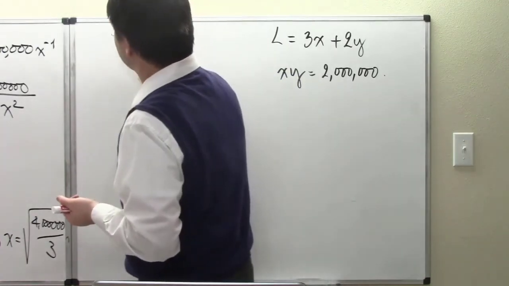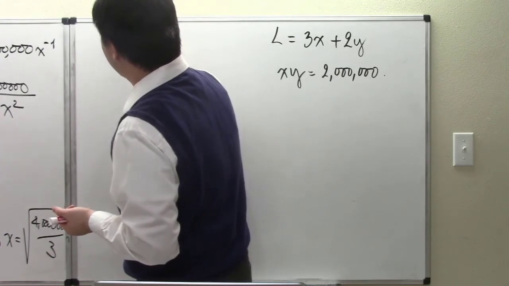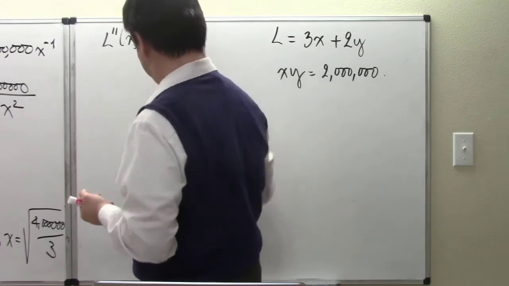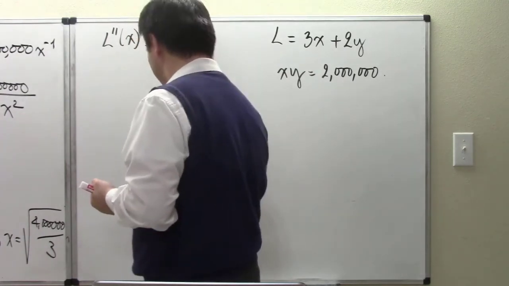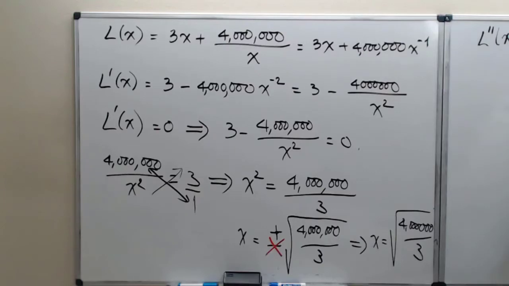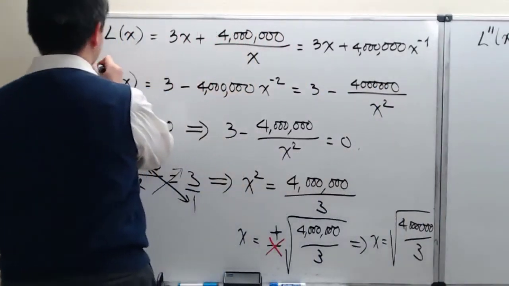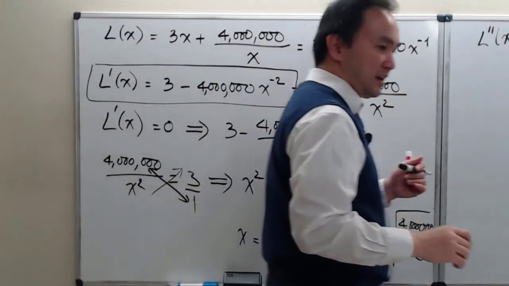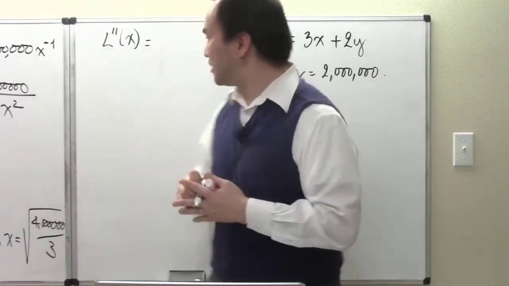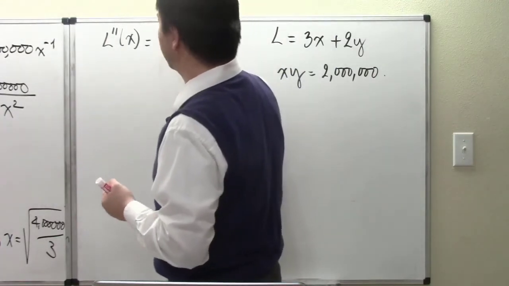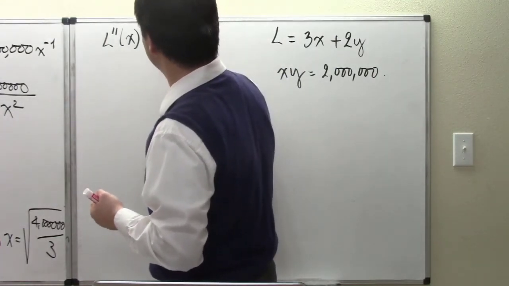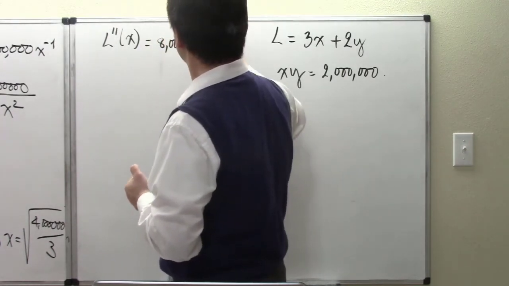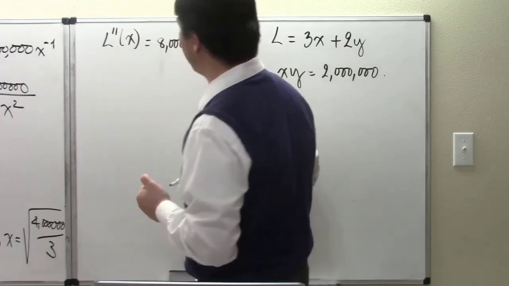So our L double prime here is going to be, let me quickly refer back to the other board, this was important for our next step. That was L prime. So now our L double prime is going to be positive 8 million times x to the negative 3 power.